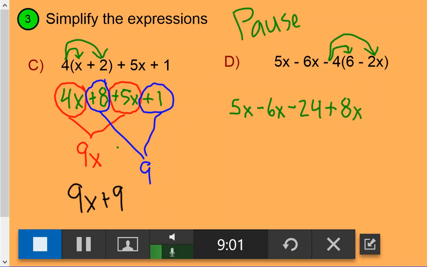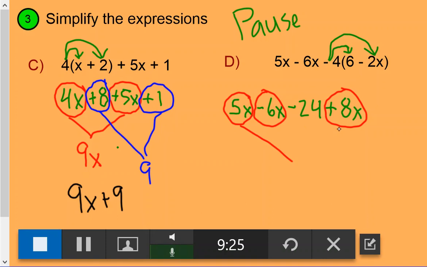Okay, so now we can go back through, look for some like terms, and we got 5x, we have minus 6x, and we have plus 8x, and then there are no other constants, so that negative 24 will stay by itself. And now we can combine. So first I'm going to combine these positives.